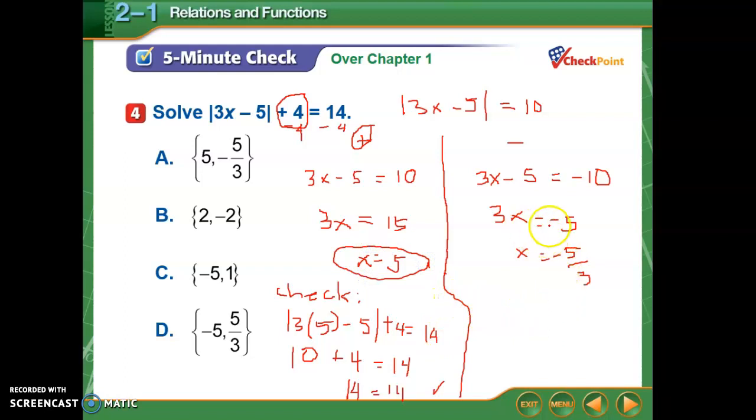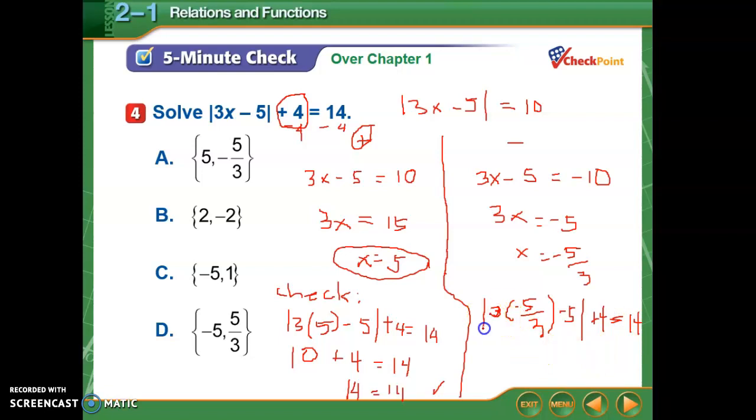Alright, do the same thing for the fraction. So you're going to check absolute value of 3 times negative 5 over 3 minus 5, close absolute value, plus 4. Is it equal to 14?